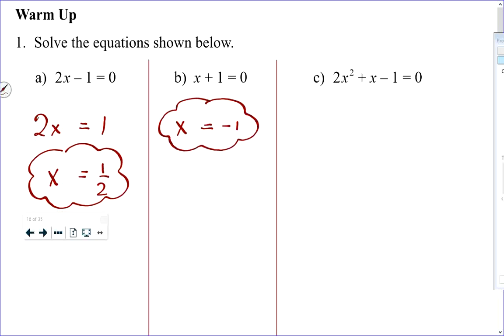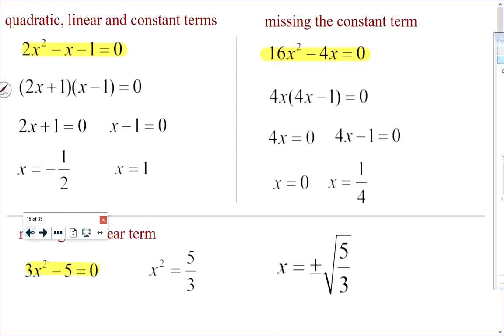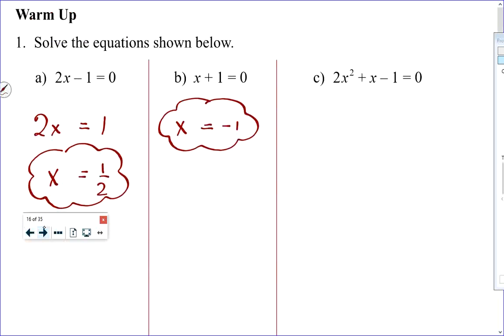No problem. Here I have a quadratic equation. It's what I call a full-blown quadratic equation. We just went over this. How do you solve a full-blown quadratic equation? You factor it. By the way, this equation on the top left corner of the screen here is not the one we're solving. It's subtly different. So we're going to factor this into 2 linear factors. It must be 2x and x to multiply to give the product of 2x squared.